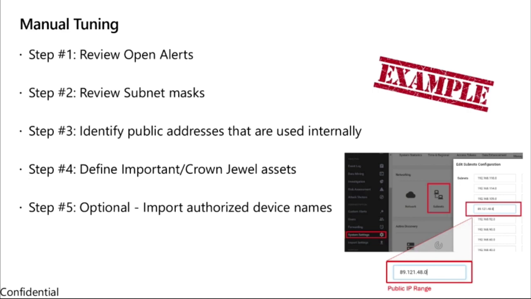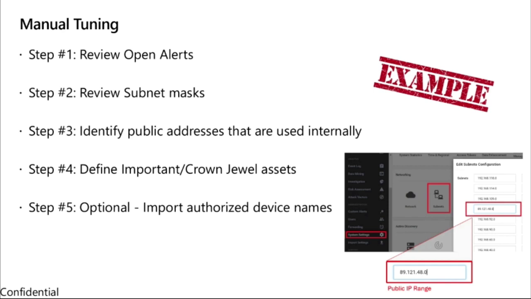Remember, I mentioned before that some of the OT networks that used to work in a secluded network used public IPs as their own internal ones, so we need to monitor those as well and make the system understand that these are not internet-related IPs, so we will monitor them and not report them as abnormal. Define important crown jewel assets. These specific assets are of extreme importance to me.